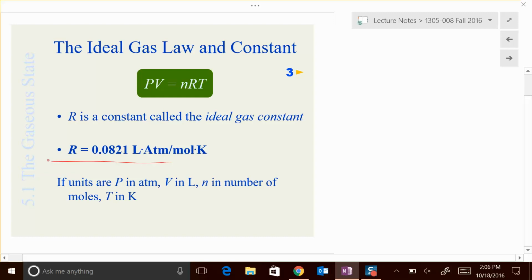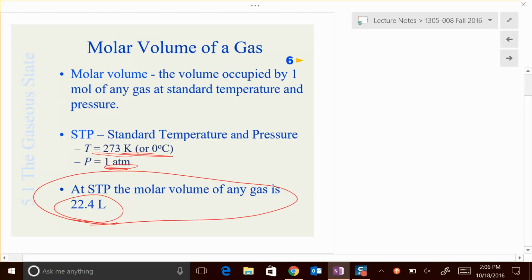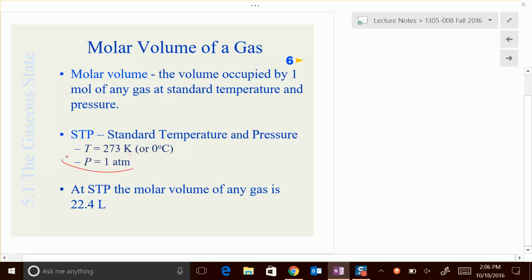Now I said earlier, in a few slides earlier, back here, that at a pressure of 1 atmosphere, a temperature of 0 degrees Celsius or 273 Kelvin, if you have 1 mole of a gas, of any gas, it will always equal a volume of 22.4 liters.